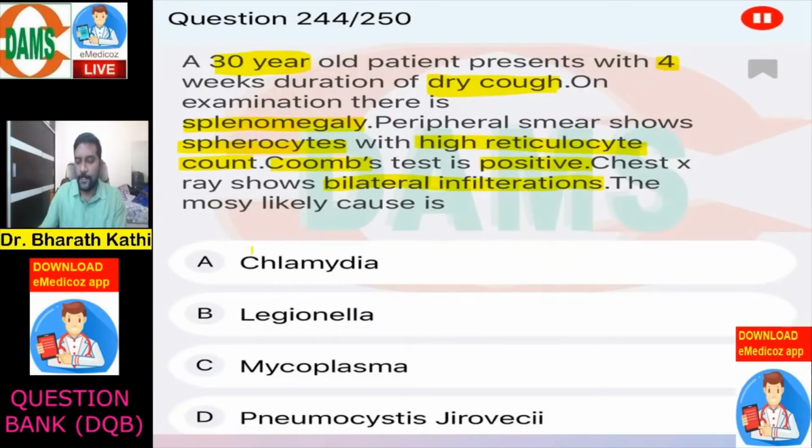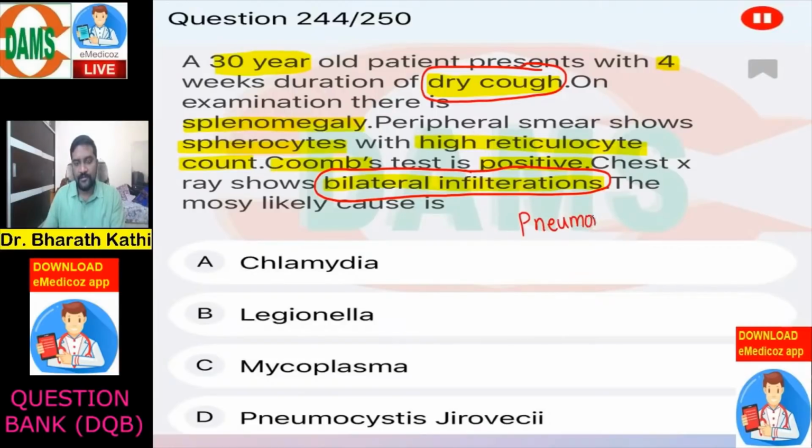Now let us see what information we can gain from this clinical scenario. No doubt this patient is having respiratory symptoms such as cough and pulmonary infiltrates. Any patient with respiratory symptoms and pulmonary infiltrates, this phenomenon is called pneumonia. So there is possibility of pneumonia in this patient.